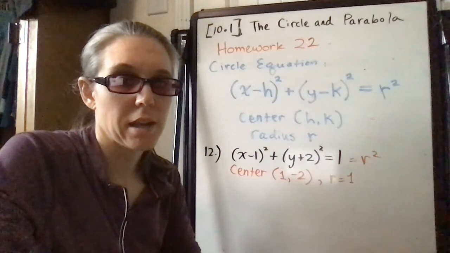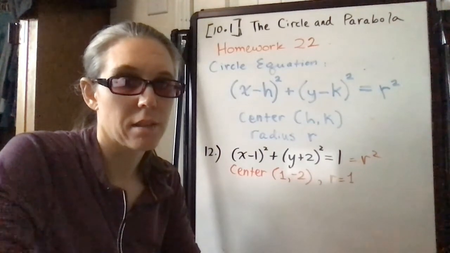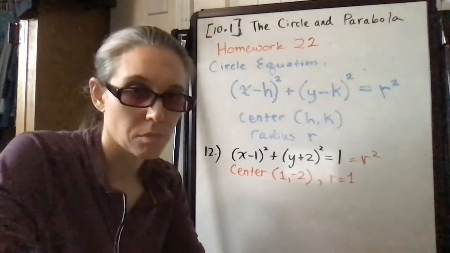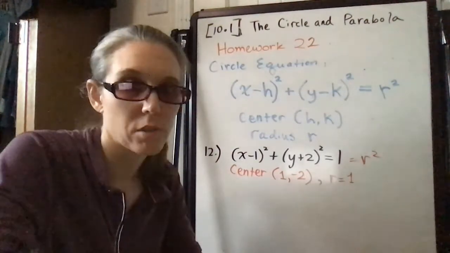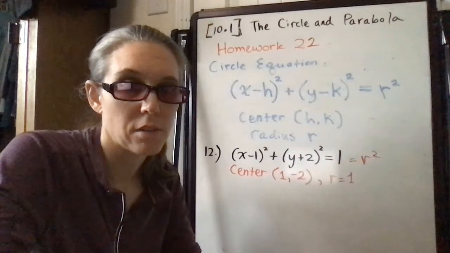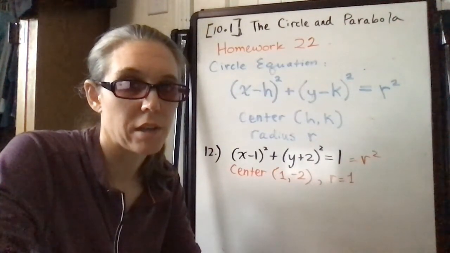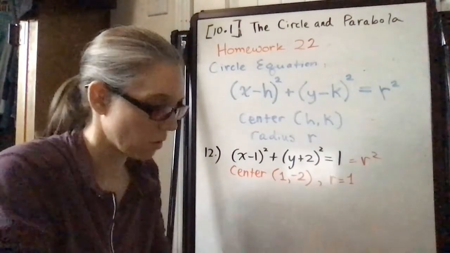But the way that MyOpenMath does it is actually you do plot the center first. You go to (1, negative 2), you plot the center, and then you go 1 over to the right, the left, up or down, and then you plot the second point, and it will graph it for you.